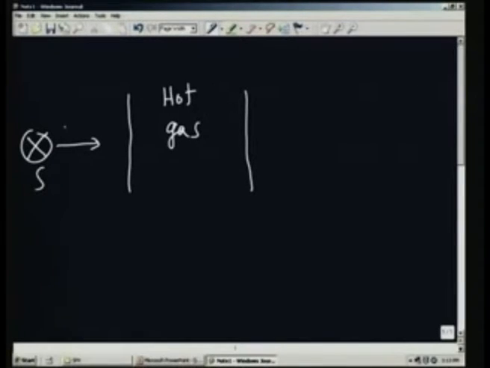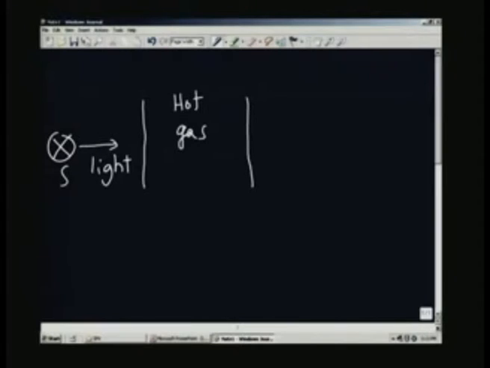Suppose I have a gas confined, this is a hot gas, and I have a source of light, and the emitted photons or emitted light is going to pass through the gas. And suppose I have a detector here. This is a detector, and the radiation is going to pass through the gas and fall on the detector.